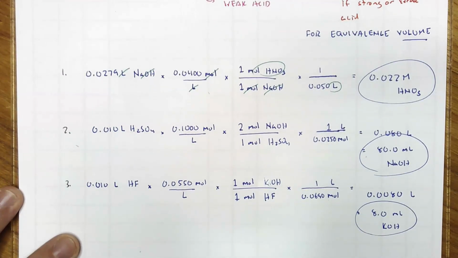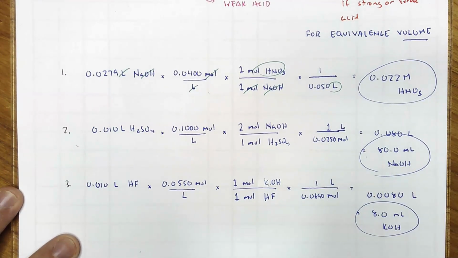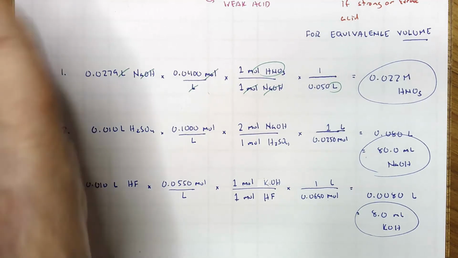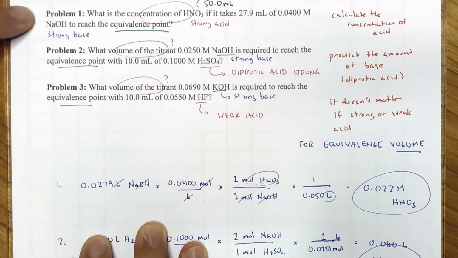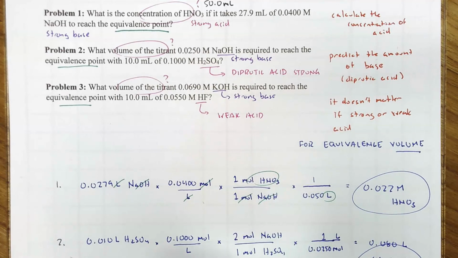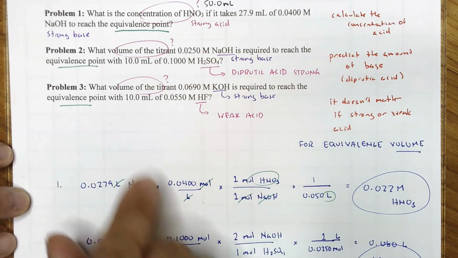Double check my work, make sure that these are correct. And that is a couple problems where we work with the equivalence point and the equivalence volume, either using the amount of base to figure out the concentration of acid, which is problem number 1, and problem number 2 is to predict how much base we would need if we had this much acid.